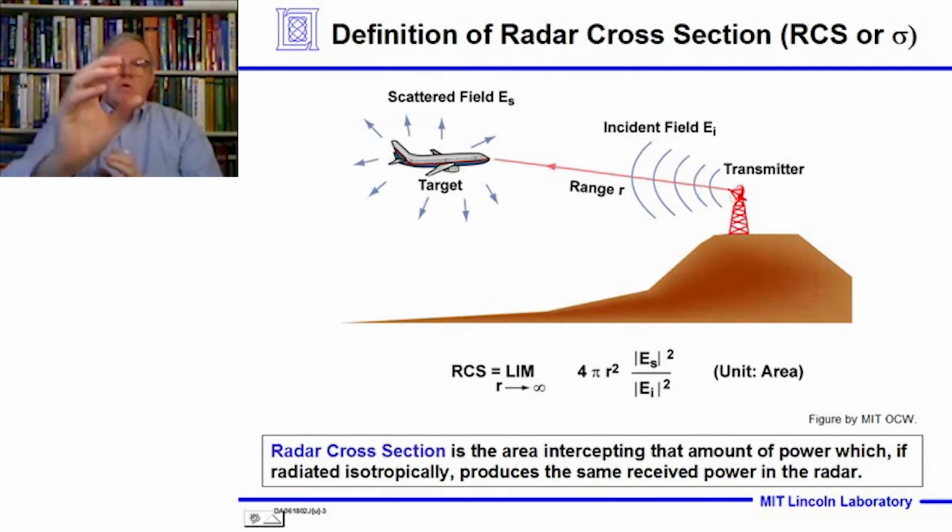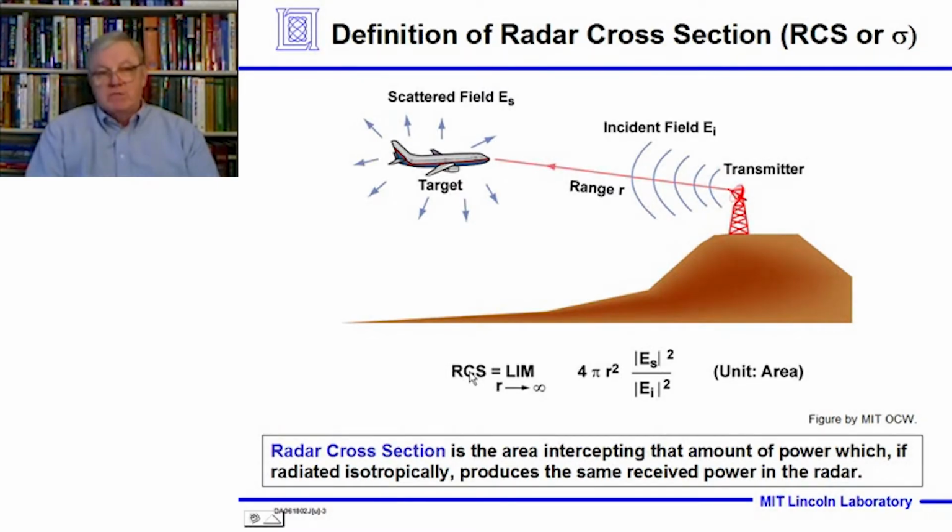We want the cross section independent of the range, and this definition of a scattering cross section, as we call it, a scattering area, is independent of range because it's basically defined in terms of a power density. In mathematical terms for electrical engineers and physicists, this is RCS, the acronym for radar cross section.